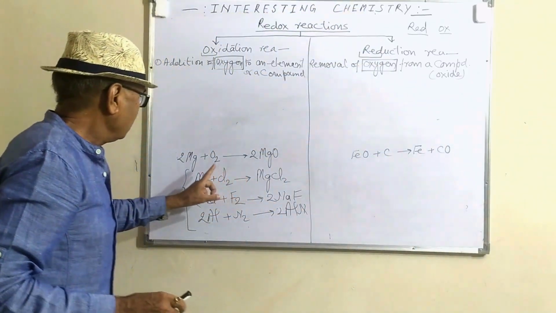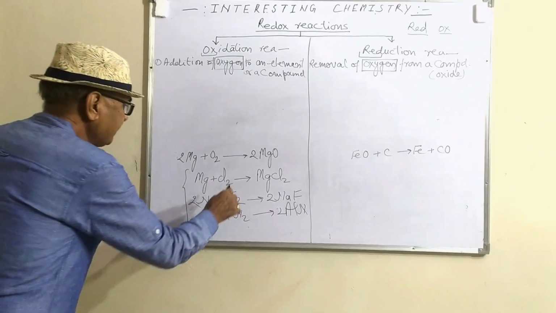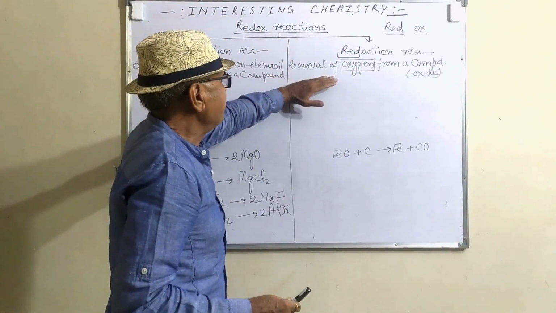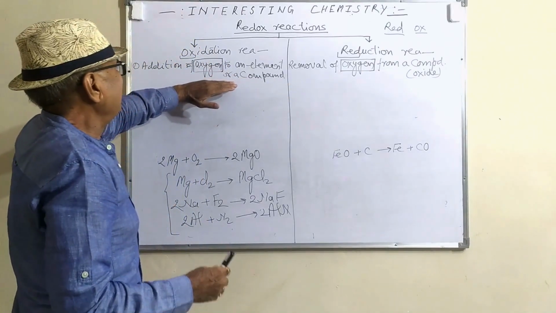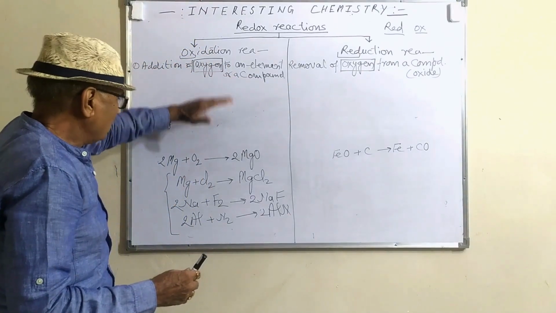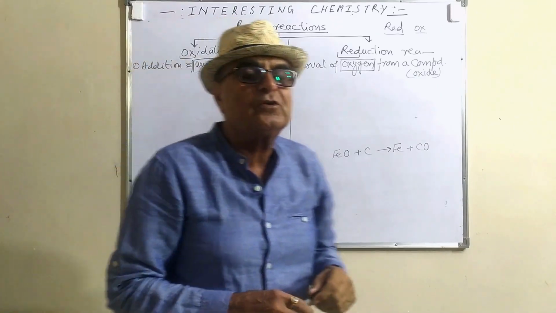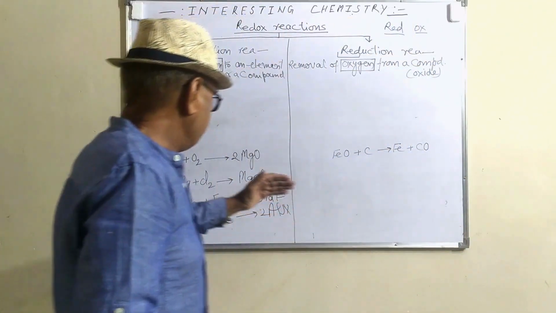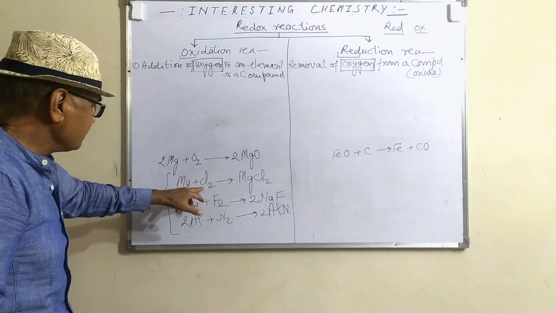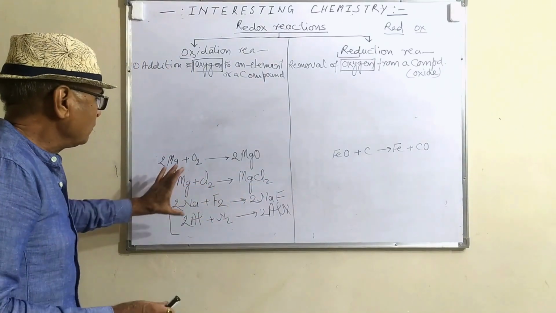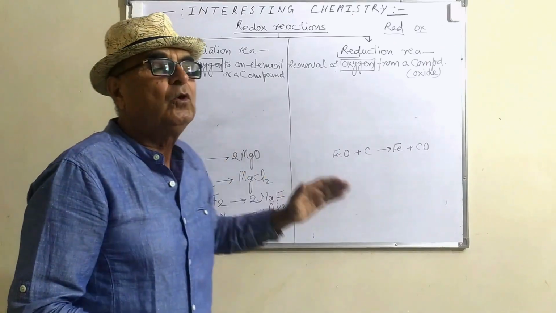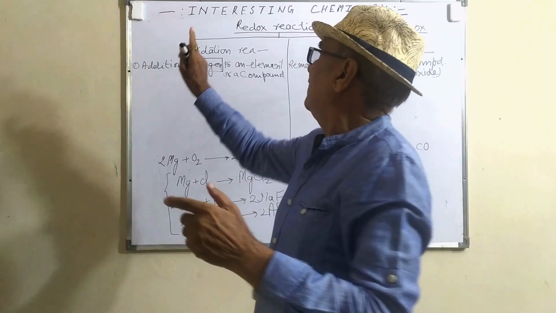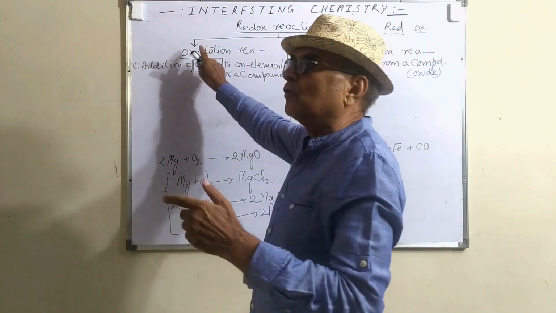But here oxygen doesn't take part. So these definitions have some limitations. These can classify only those reactions in which oxygen takes part. But what about these reactions in which oxygen doesn't take part? So we need to broaden this definition of the oxidation.